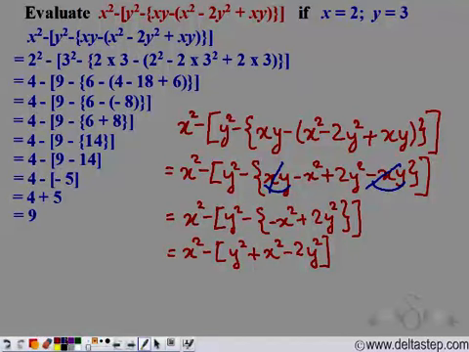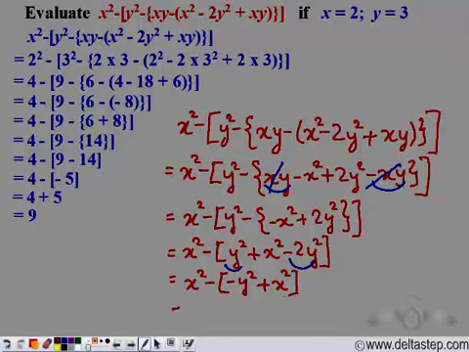Now again we have y square and minus 2y square as like terms. So we can combine these two terms. We get x square minus y square minus 2y square is minus y square plus x square.